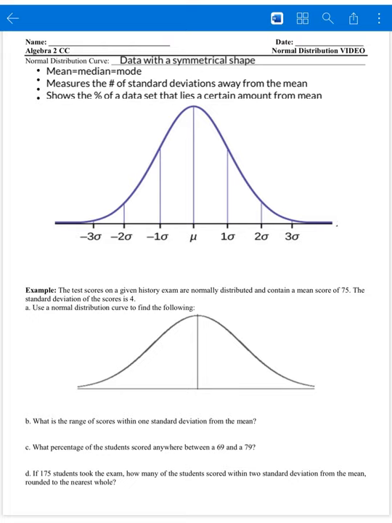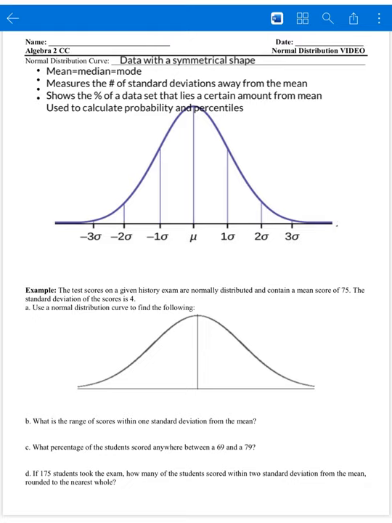Okay, it sounds really confusing in the definitions, but once you see an actual example, it'll make a lot more sense. And then the last thing, that fourth bullet, it's used to calculate probability and percentiles.